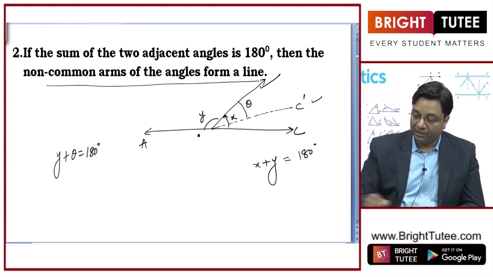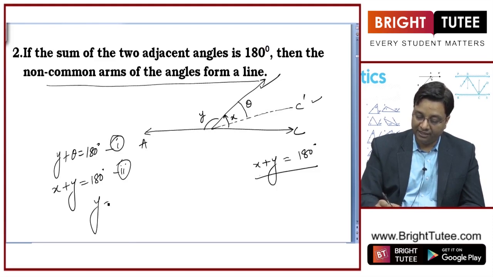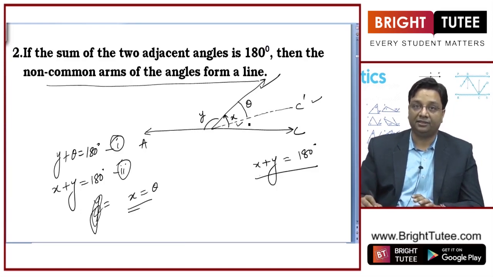But we know that x plus y is 180 degrees. So comparing these two, we can cancel y from this, so we can say x is equal to theta, right? But x and theta are two different angles.